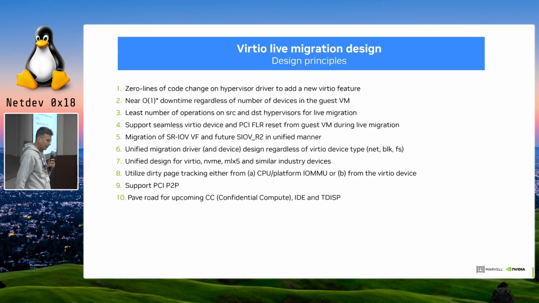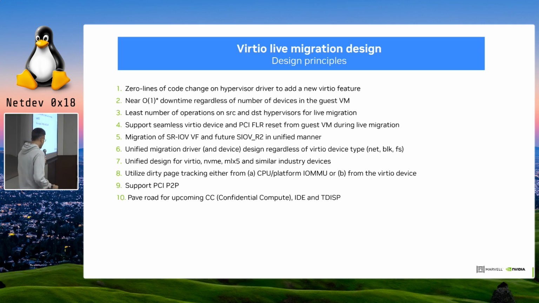And with that baseline, we came up with 10 design principles. What is it that we want to achieve in our design? So I'll probably spend slightly more time on walking through the design principles rather than going into bits and pieces of the callback functions or NDO operations.